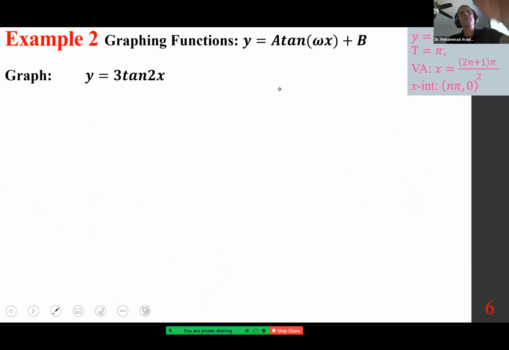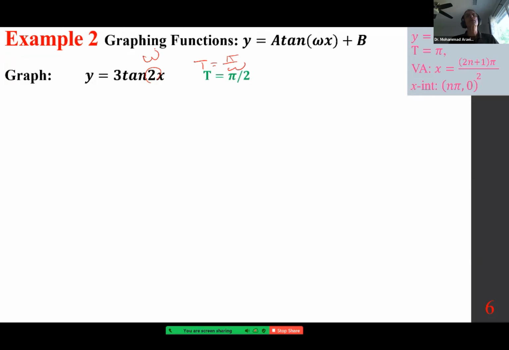All right. In this case, again, this is the general format. When we have omega, now we are going to divide the period pi by omega, divided by 2.